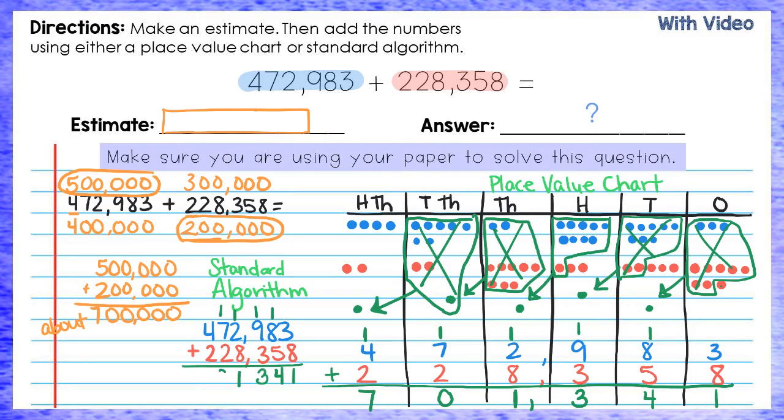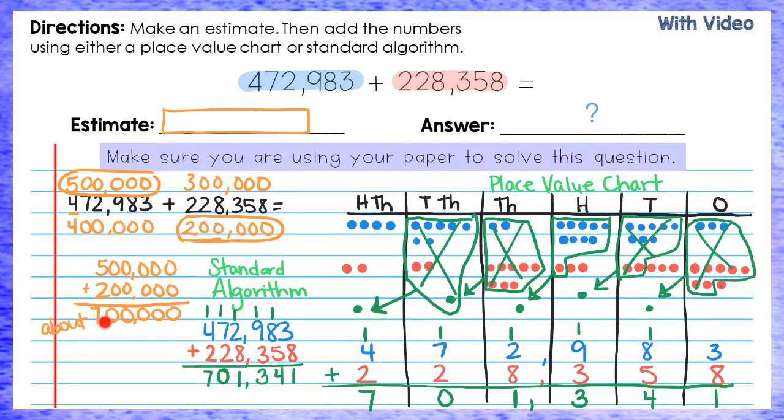We're going to regroup all 10 to the next place, so 0 will go in the 10,000s, and 1 more will go into the 100,000s. Then we have 1 plus 4 is 5, plus 2 more is 7. And we got our same answer here and here.